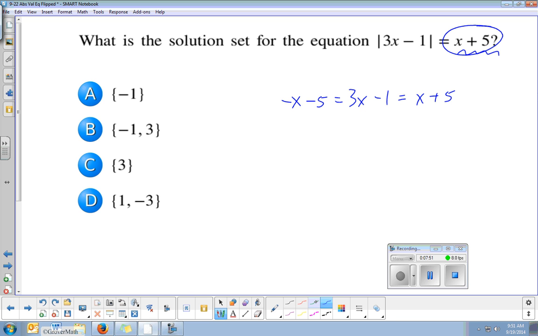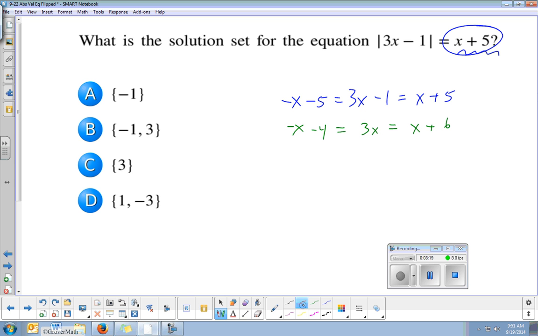And so solving this equation, let's see. We can add 1 everywhere, and so that's going to be negative x minus 4 equals 3x equals x plus 6. And it's getting a little complicated in here because I'm going to have these x's, but I can minus x everywhere.